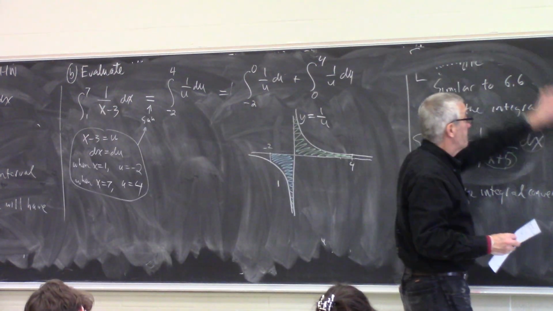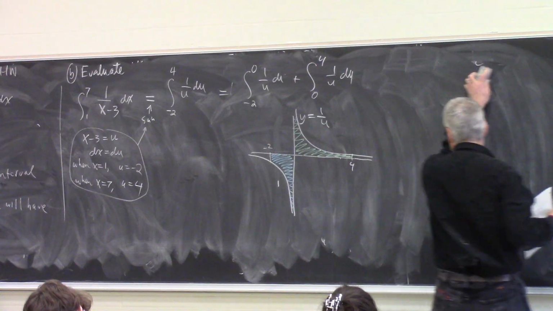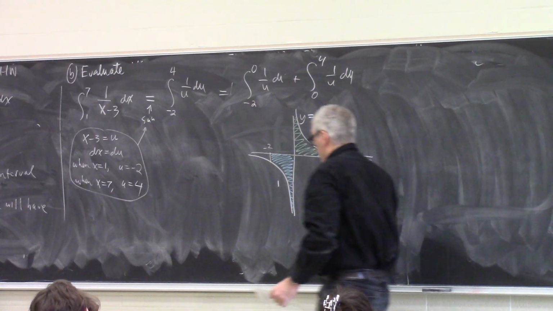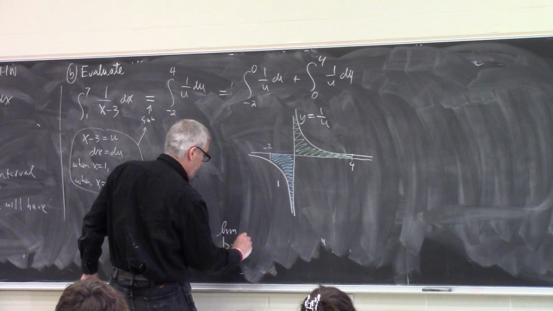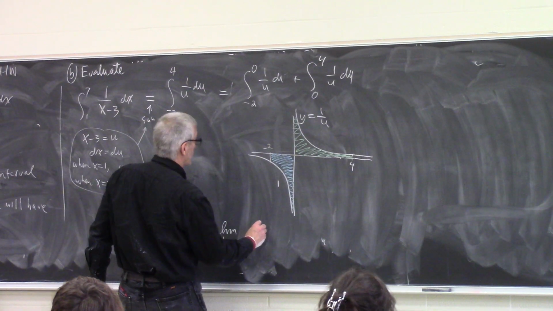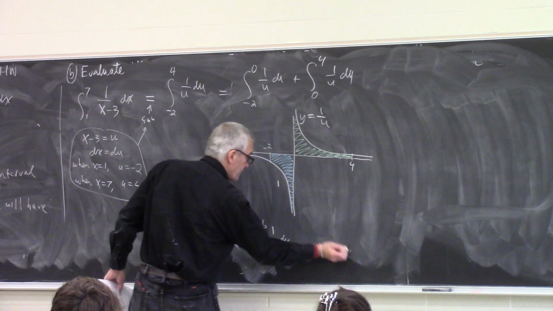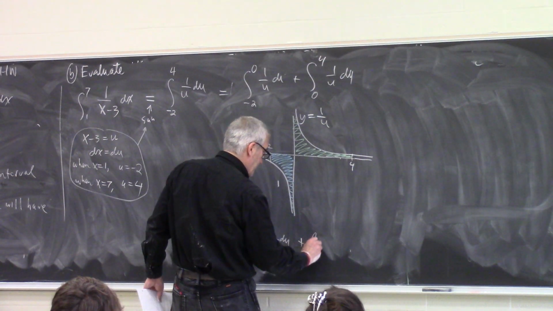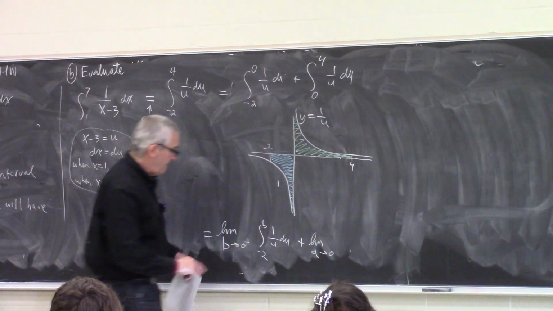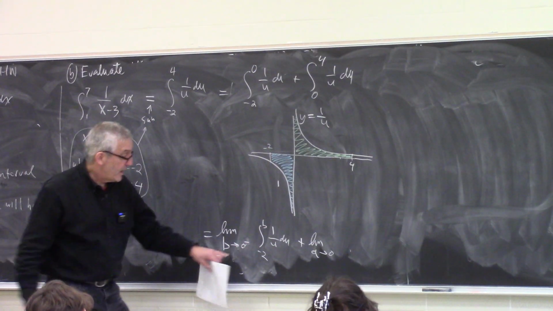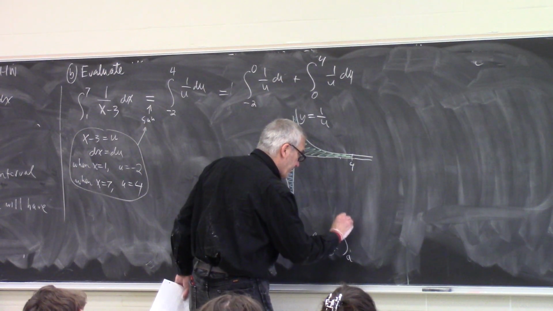Now, this is an improper integral. Both of these are, so we have to do this carefully. We have to do the limit as b goes to 0 from the left of the integral from -2 to b of 1 over u, plus the limit as a goes to 0 from the right of the integral from a to 4 of 1 over u.